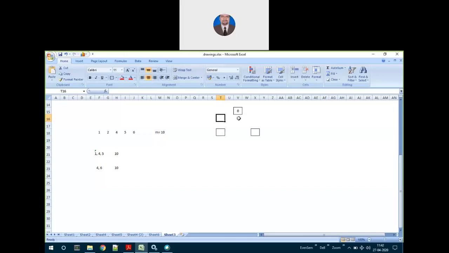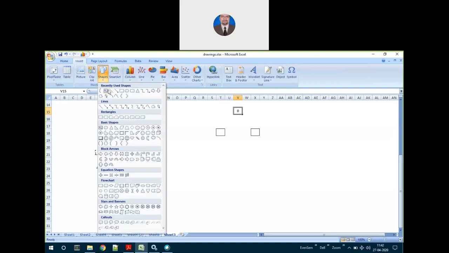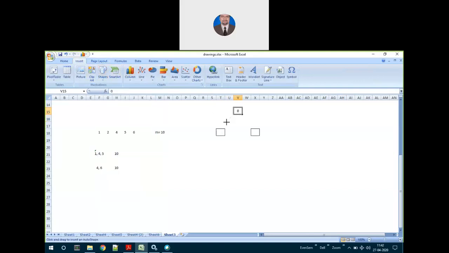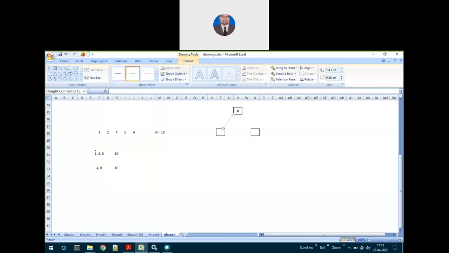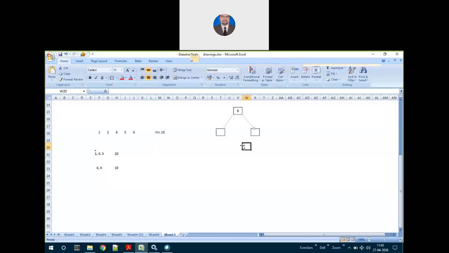Initially I will draw the edge from this vertex to this vertex, and another edge from here to here. If I go in this direction, it means I involve vertex 1, that is weight 1. With weight 1, I would be adding weight 1 into my sack, so my sack will contain weight 1.